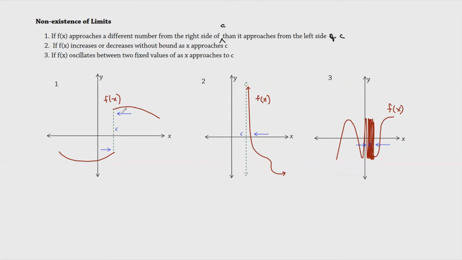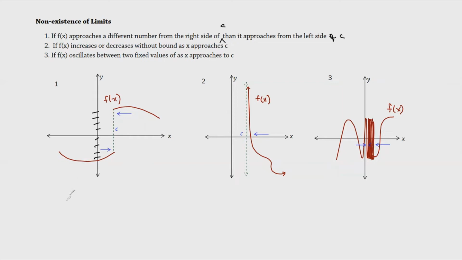In this case, if I wanted to ask you what the limit of f of x is as x approaches C, then you would see that on the right side, the limit tends to go to 1, 2, 3, 4, positive 4. Now, from the left side, what we have here is around negative 3.